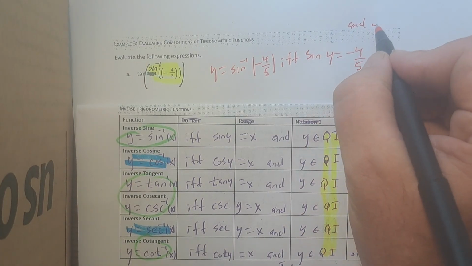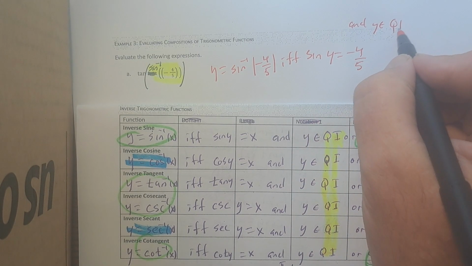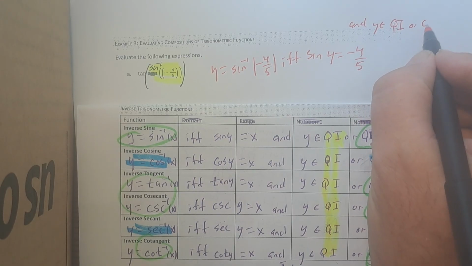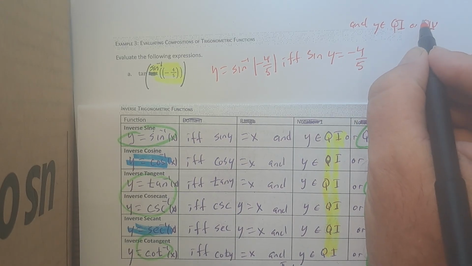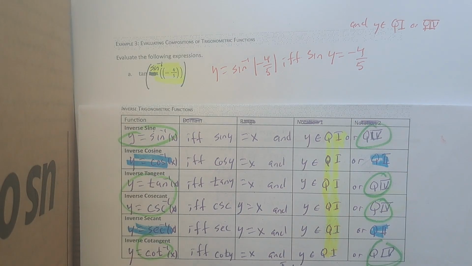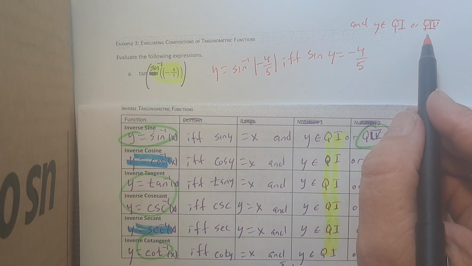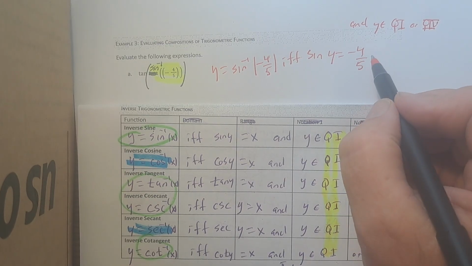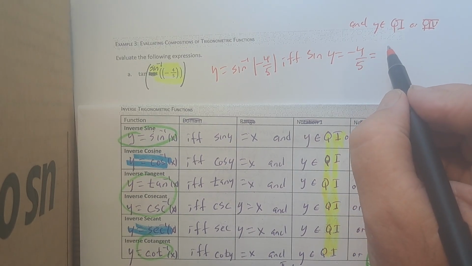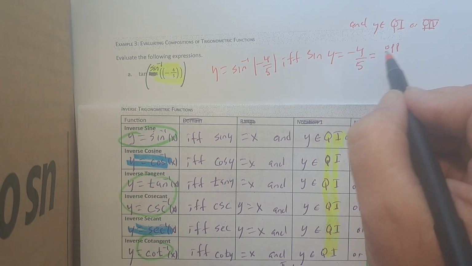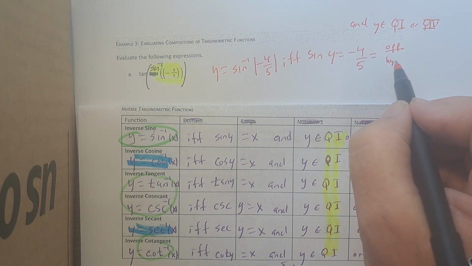And the y's can only come from quadrant 1 or quadrant 4. All trig functions are positive in the first quadrant, so it has to be the fourth quadrant. And sine is opposite divided by hypotenuse.